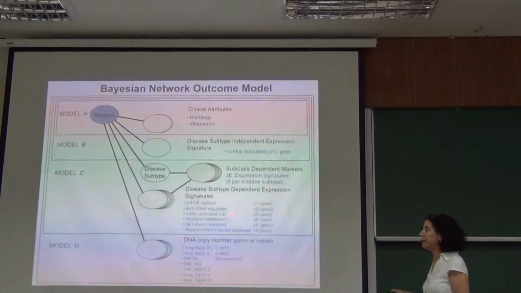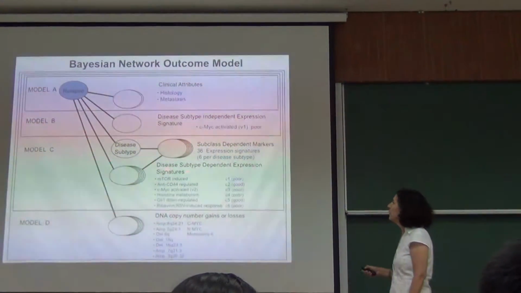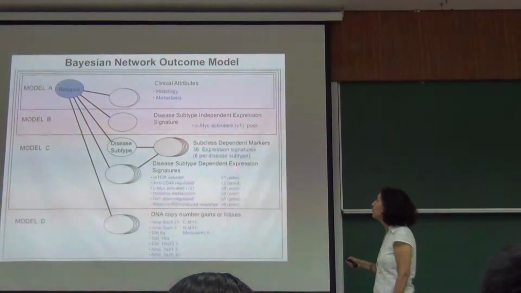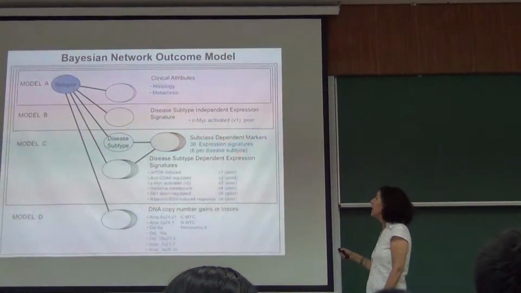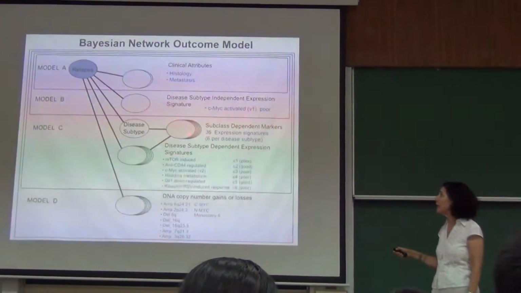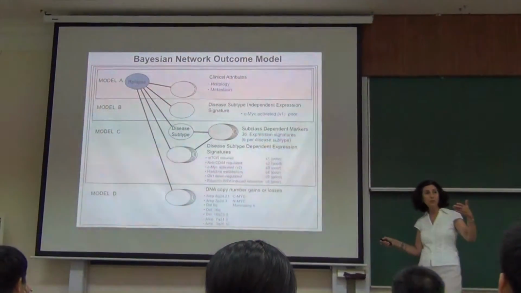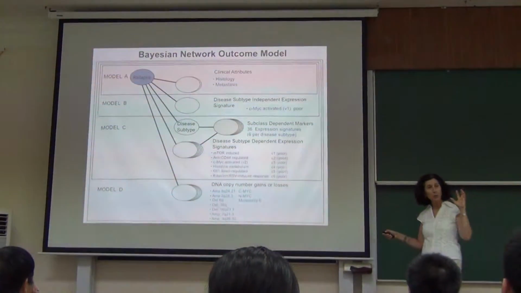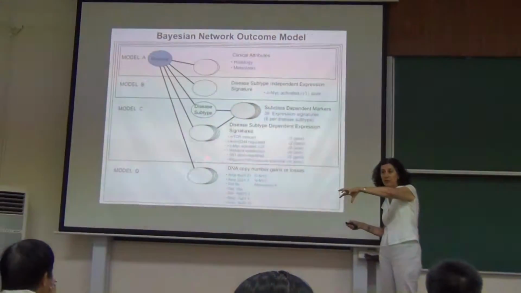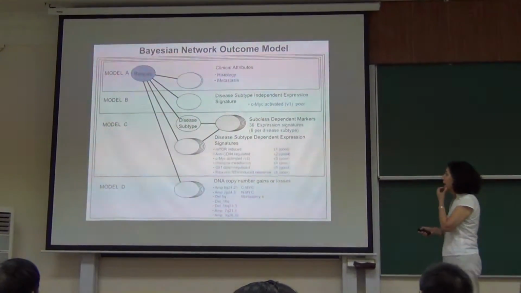Here's where the meat is. So over here in model C, we add the subtype. So first we determine the subtype based on expression signatures, 6 for each disease subtype, in a similar way to the way that we did it with individual genes, except remember, we're projecting into that space of signatures, the 2,600 signatures, and doing it there.